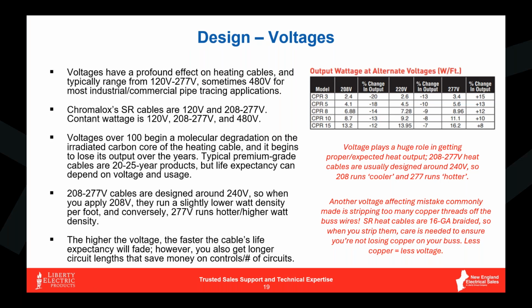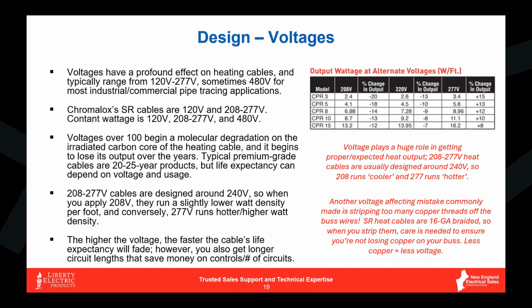And something to consider is that over time, this is a 15-year window, 20-year window, you're going to be losing a little bit of wattage output off that cable year over year from that molecular degradation. It doesn't all happen at once. It's not like this thing just hits a life expectancy bell and suddenly dies one day. It's a very gradual degradation of heat over time. So after you've had these cables on your pipes for, say, 10, 15 years, it's not a bad idea to go out and test them.